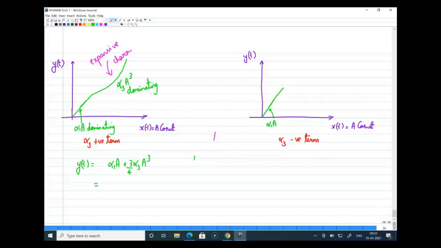As your alpha 3 is negative, what I can expect is a response something like this, right, where your alpha 3 a cube term is dominating, and since your alpha 3 is negative, you are actually getting a decreasing behavior, or this kind of characteristic we call compressive characteristics.